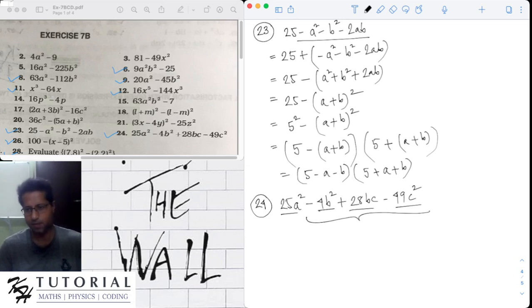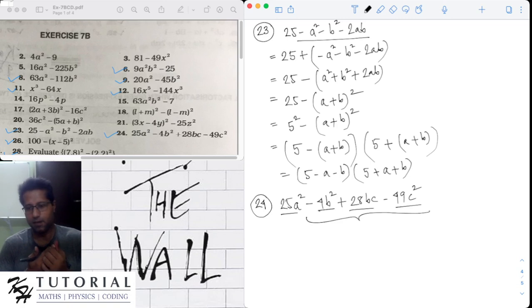We know that a plus b whole square is equal to a square plus b square plus twice ab. So we have the terms a square, b square, and the term having ab. So we can see that in this, except the first term, the second, third and fourth terms have b square, c square and bc.